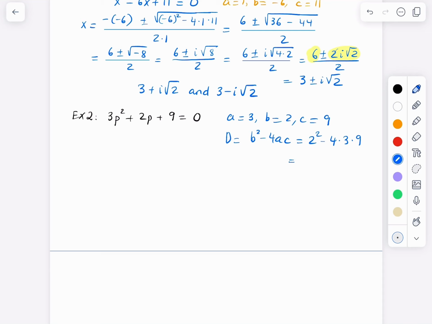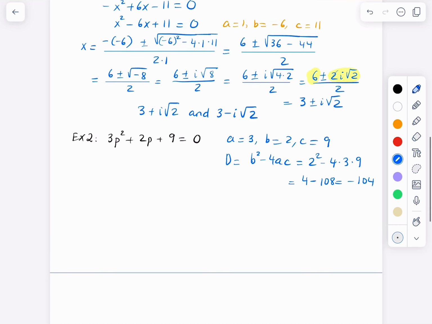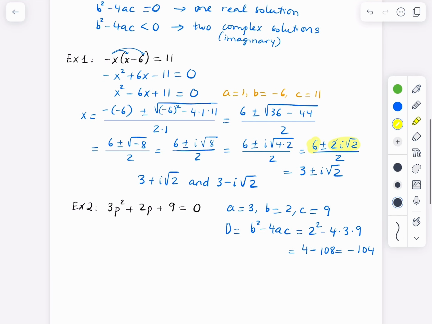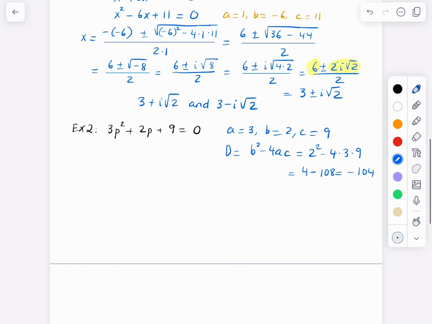That will give us 4 minus 108, so we will end up with negative 104. Since the discriminant is negative, which is the third scenario that we mentioned, we should expect to get two imaginary solutions again. So let's solve.